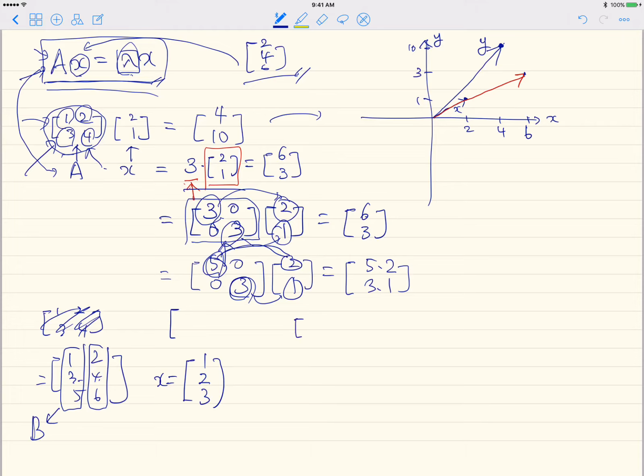And then, how did we compute this guy, the B coordinates of A? What was the meaning of it?